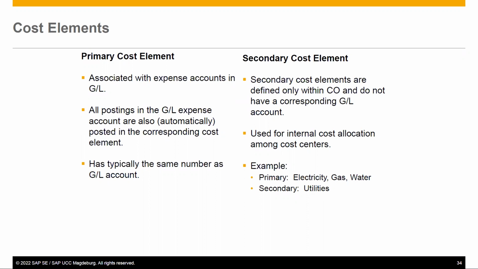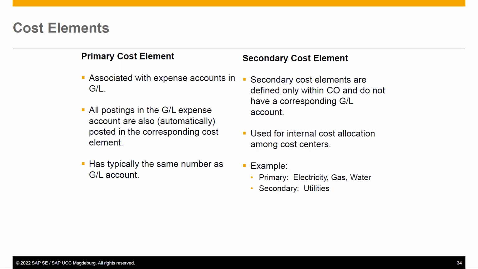The question was that any expense posting we made in financial accounting comes to the cost accounting through the primary cost element account. Since the primary cost element account is linked with the financial accounting expense account, any transaction you made there automatically comes into the cost accounting.